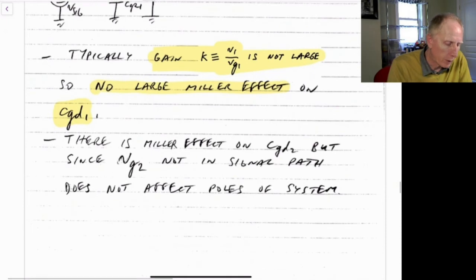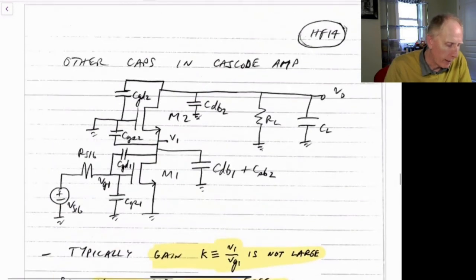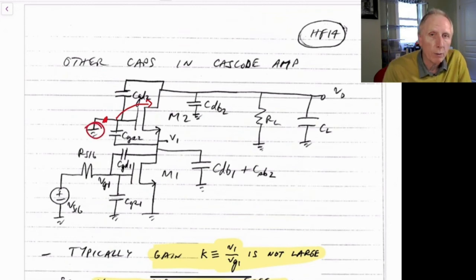Now, there would potentially be a Miller effect on C gate to drain of M2. If you came along and injected a signal over here, you might think the gain from here to here would be large. But for a couple of reasons it's not. Number one, from a small signal point of view there is no signal here.